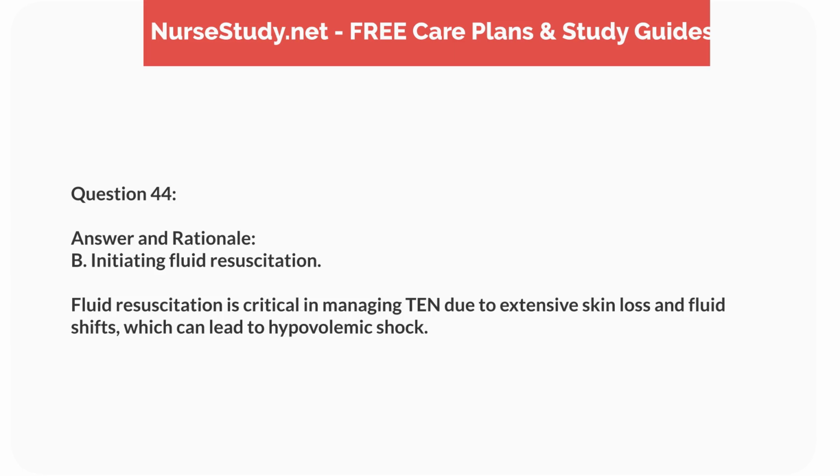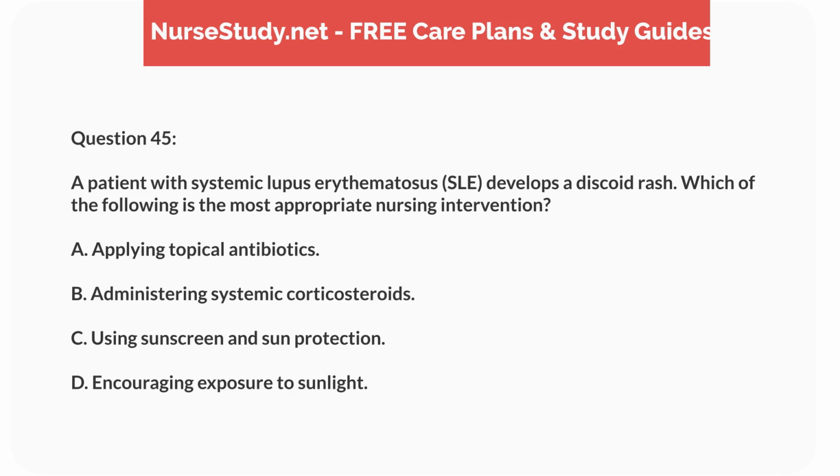shock. Question 45. A patient with systemic lupus erythematosus, SLE, develops a discoid rash. Which of the following is the most appropriate nursing intervention? A. Applying topical antibiotics. B. Administering systemic corticosteroids.